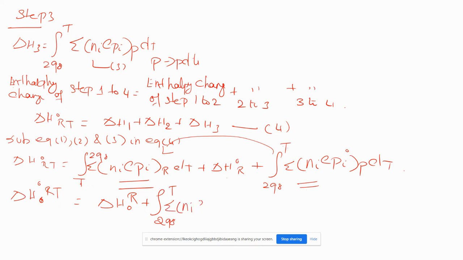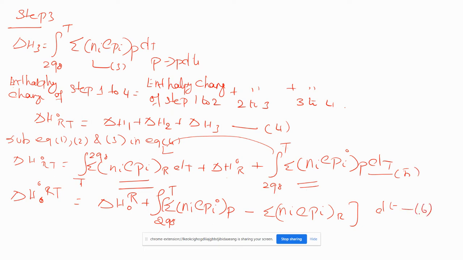So sigma Ni Cpi naught of P minus sigma Ni Cpi of R, the whole dT. This is equation 5 and this is equation 6.